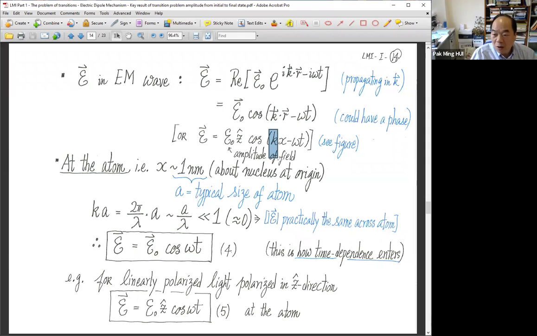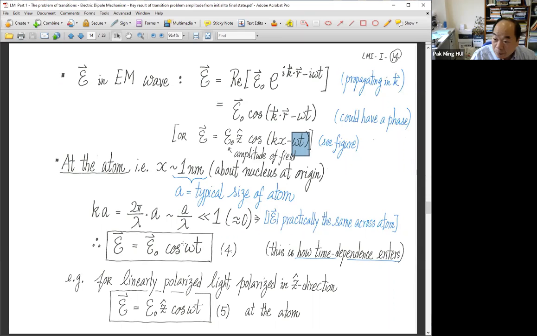Therefore, kx is much less than 1, and we can approximate it to 0. The nice thing is that we don't need to worry about any spatial dependence in the field and can focus on the time part, the omega part of the field.